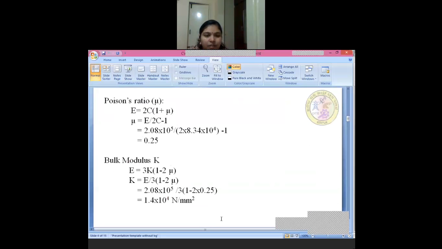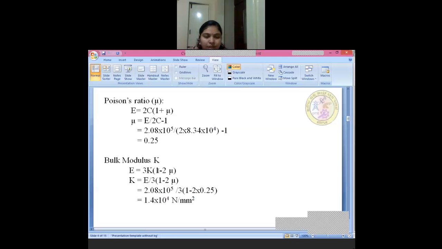Next, we will learn about Poisson's ratio. I know the formula E is equal to 2C into 1 plus mu, so mu will be equal to E divided by 2C minus 1. Rearranging the formula, substitute the values of E and C to get Poisson's ratio.